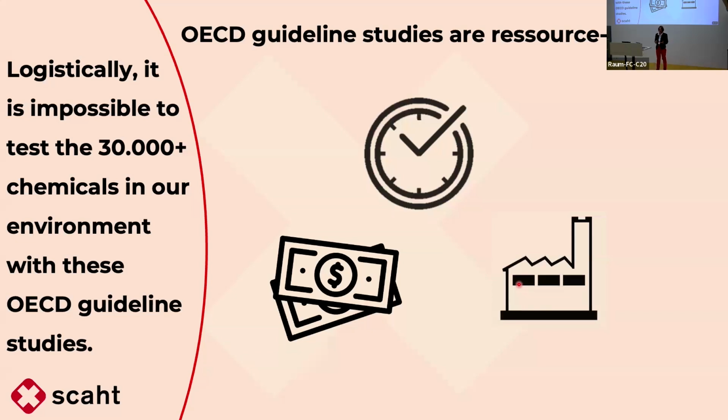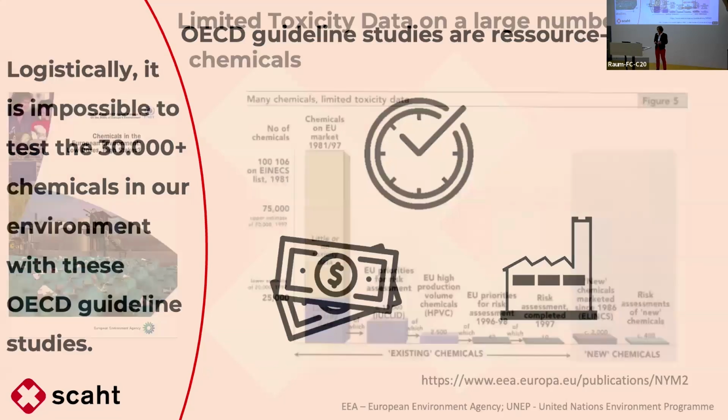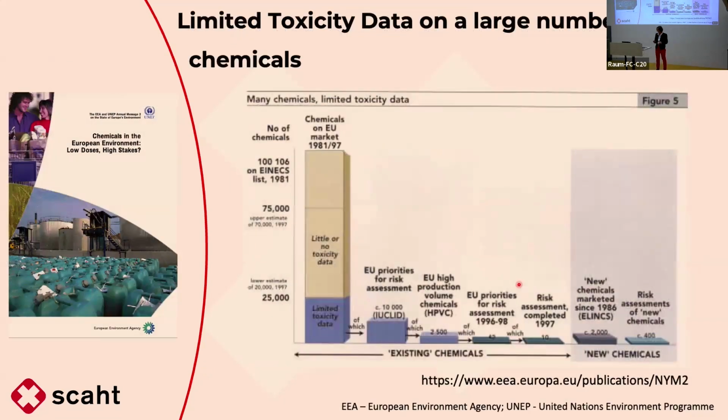So that means if you really want to cover the hazard with the standard test, this is actually not possible. And this is one of the reasons why, when you look at the database that we have here of tested chemicals, it's a little small, but here are the high production volume chemicals.